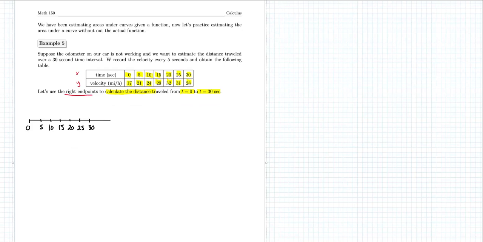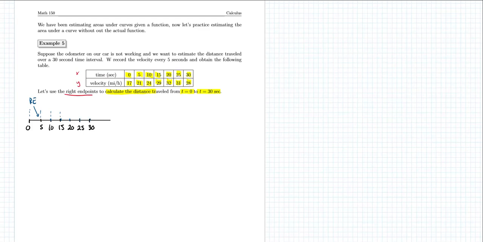All right, perfect. Now, if you wanted to start creating rectangles here, we could have started creating the rectangles with our subintervals. Since we were looking for the right endpoints, essentially we are going to be taking the values 5, 10, 15, 20, 25, and 30.